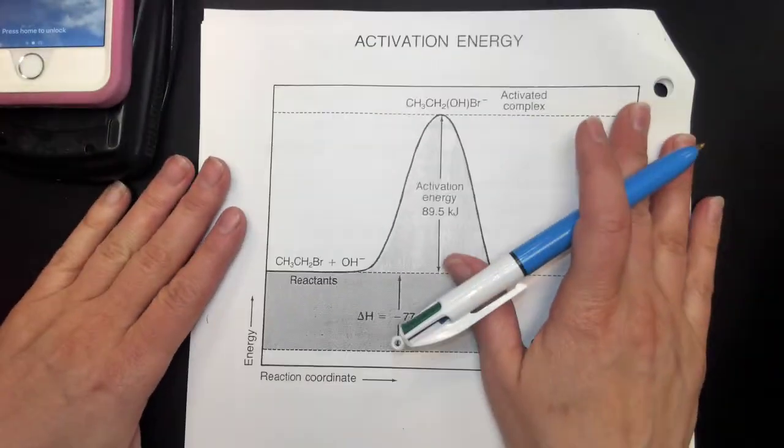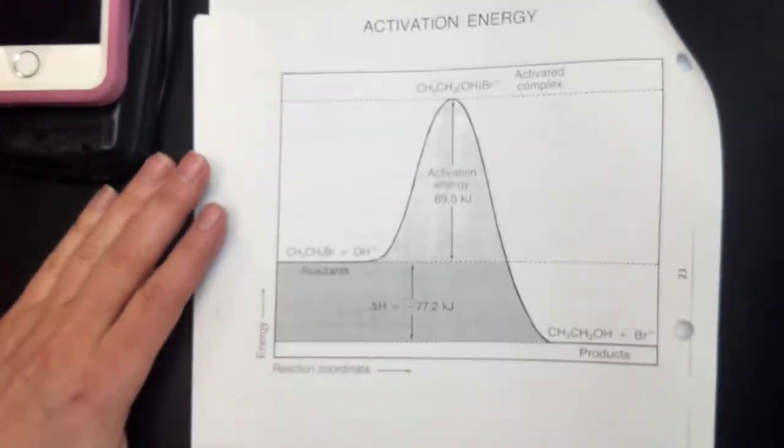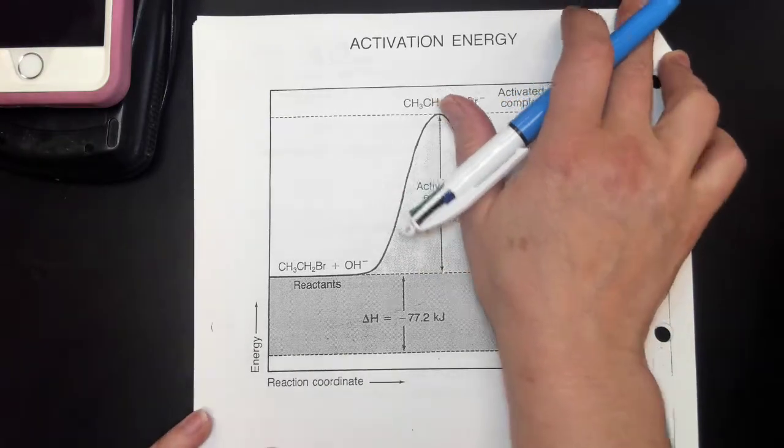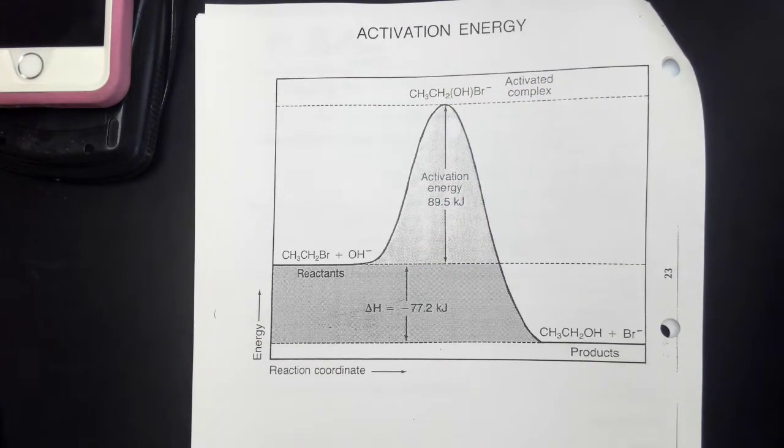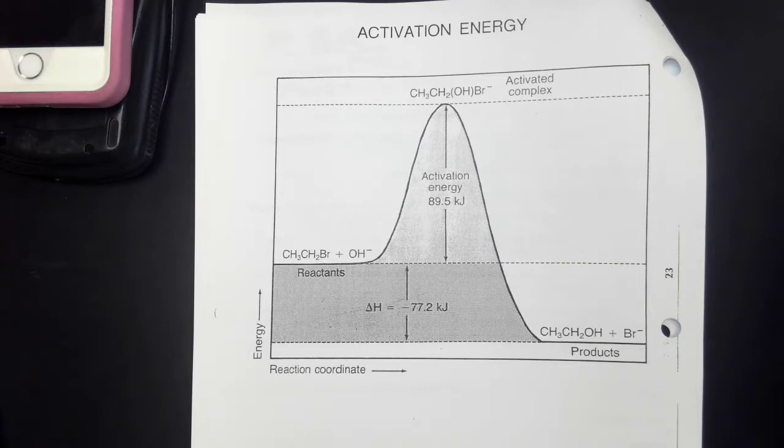Activation energy. All right. A graph is a model. Models communicate things that are happening that we can't see, that are too complicated to understand simply with words. So we graphically represent them to try and explain where we were and where we're going and how we got there. Okay? So this graph is a model that explains where we were, where we're going, and how we got there.